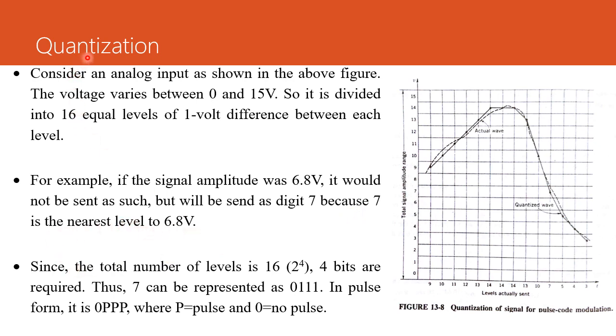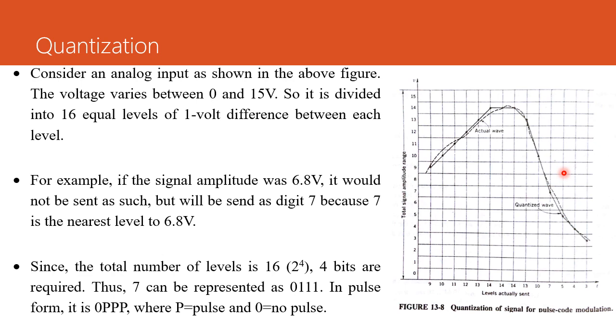So in this quantization process, what we are doing is rounding off the voltage level to the nearest voltage level. Suppose your analog input contains an infinite number of possibilities. We want to convert that infinite number of possibilities to a finite number of possibilities.